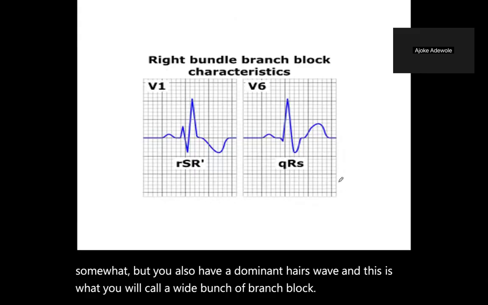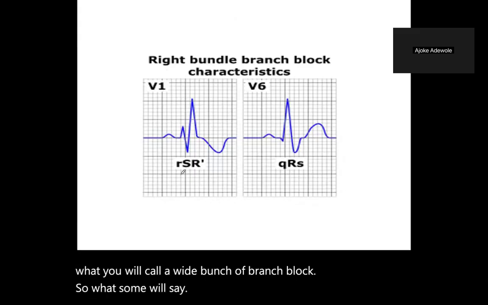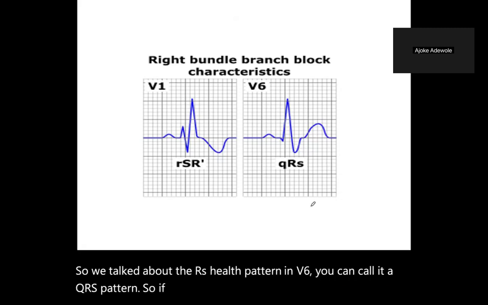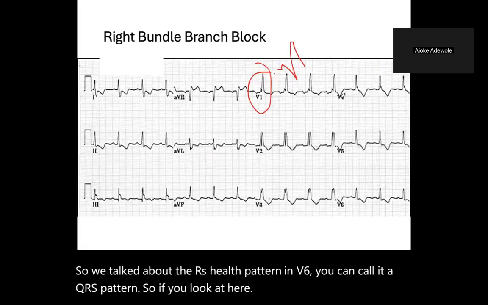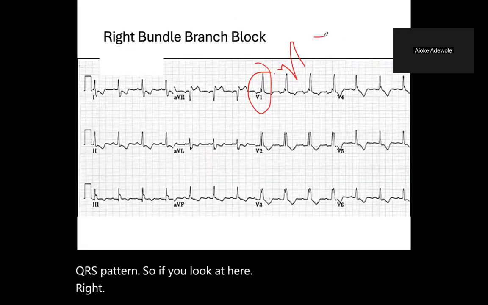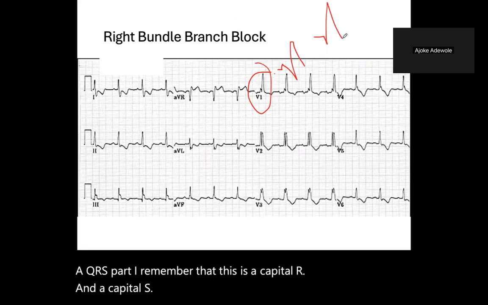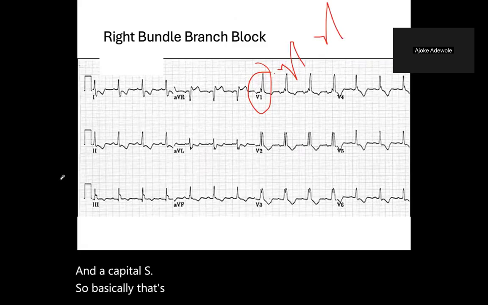So what some will say, we talked about the RSR pattern. In V6, you can call it a QRS pattern. So if you look at here, a QRS pattern, remember that this is a capital R and a capital S. So basically, that's what you're looking out for.